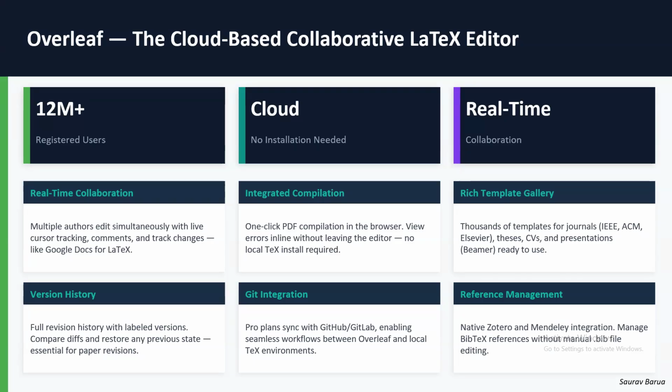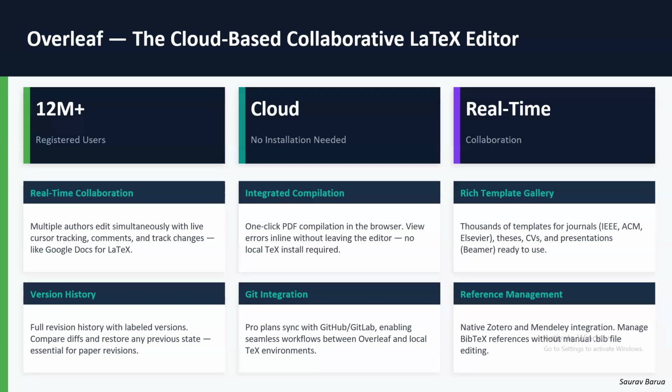And it has rich templates. We can use templates of IEEE, ACM, and others for different types of documents, and there are also formats for CVs and presentations. Full version history is stored, and it can integrate with GitHub and GitLab, so that we can control the workflow and the version history.